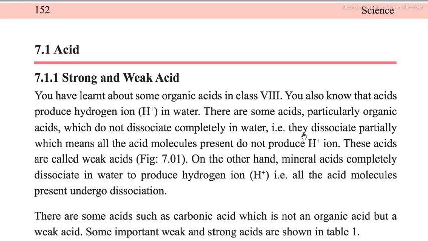That is, they dissociate partially, which means all the acid molecules present do not produce H+ ion. Now the question is, what is organic acid? Organic acid is an organic compound that has acidic properties, that is, donates H+ ions in aqueous solution.